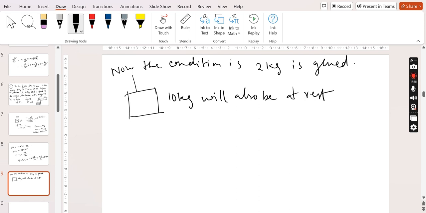So here it will work T dash, and here it will be its mass. So it is 10 into 9.8. So T dash will be 98 N.